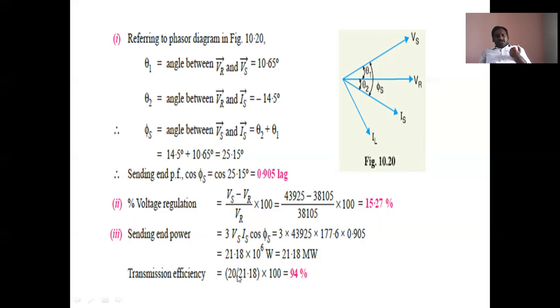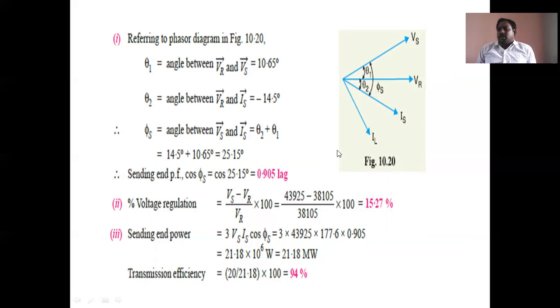Receiving end power is 20 megawatts, and sending end power is 21.18 megawatts, so 20 by 21.18 into 100. It is 94%. So like this, we can solve the problems for the nominal pi method of a medium transmission line.